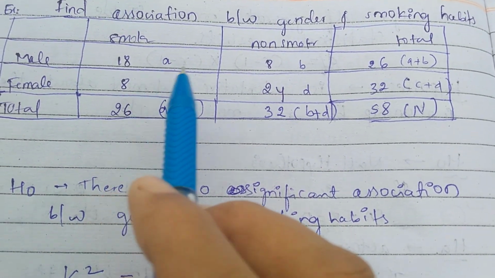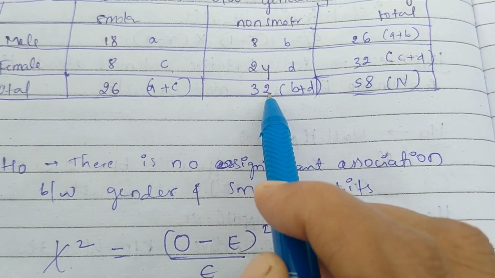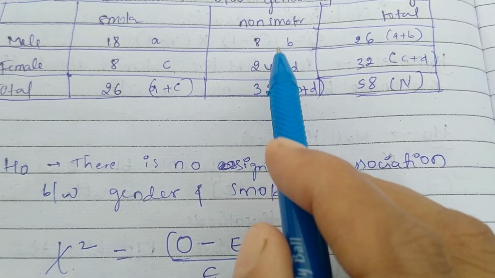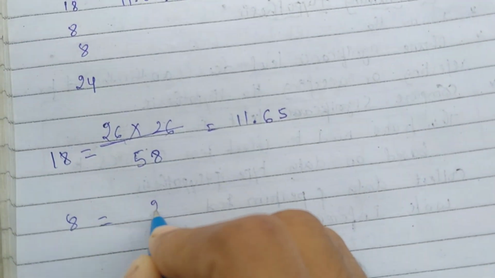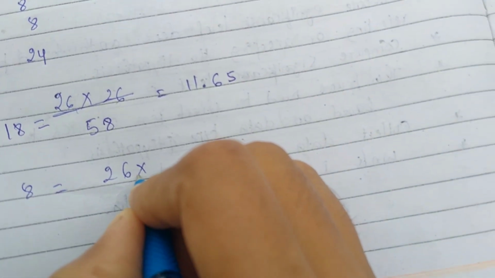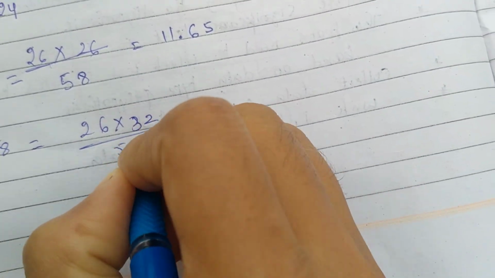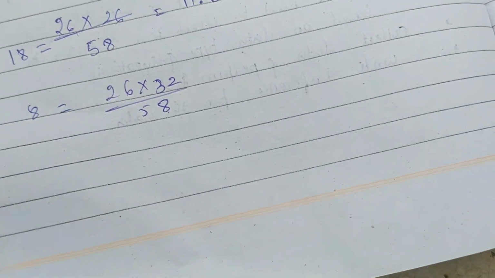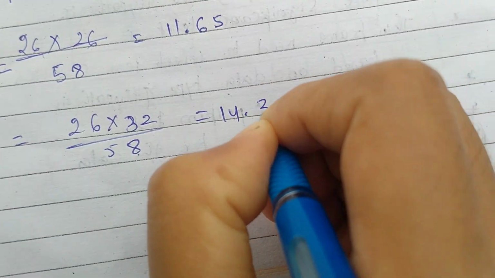After A we'll go for B. For B, the corresponding values are 32 and 26. So we do 26 into 32, divided by 58, and we get around 14.3.